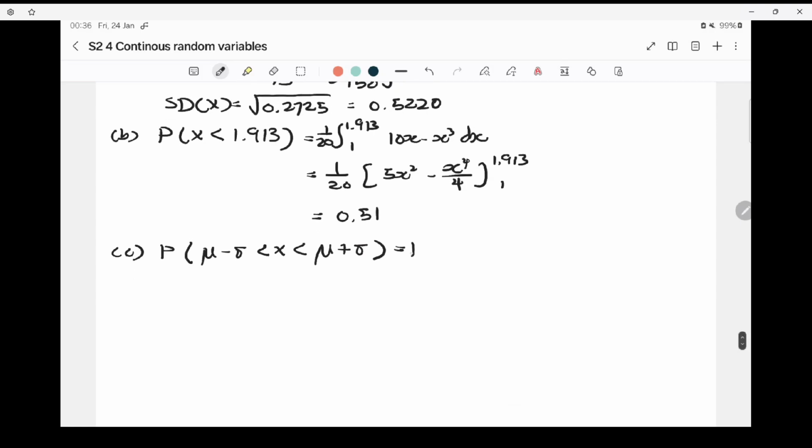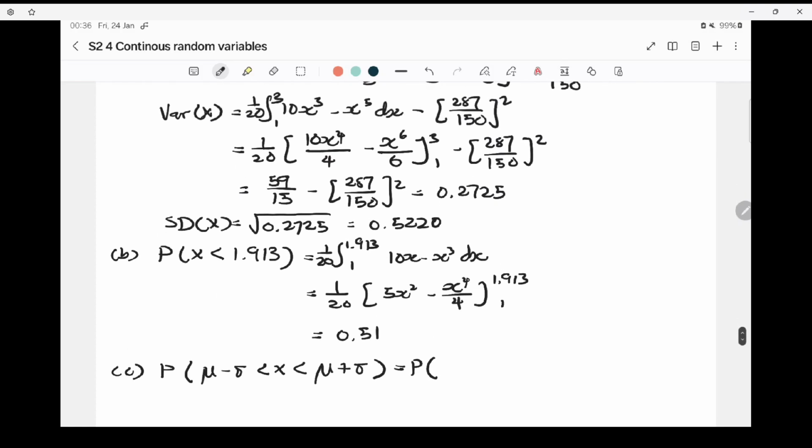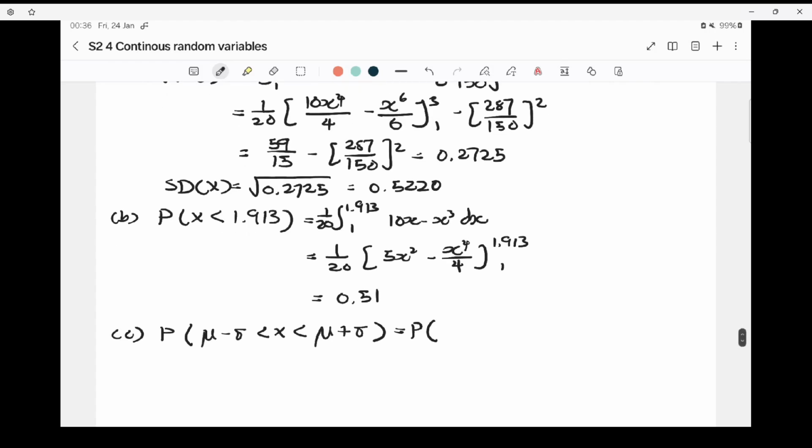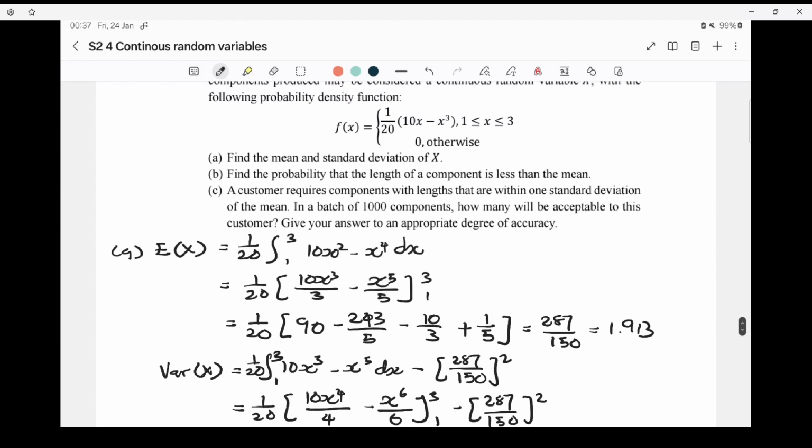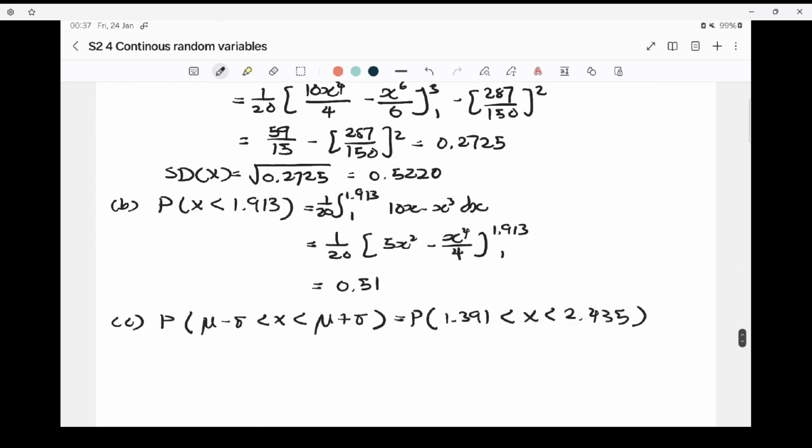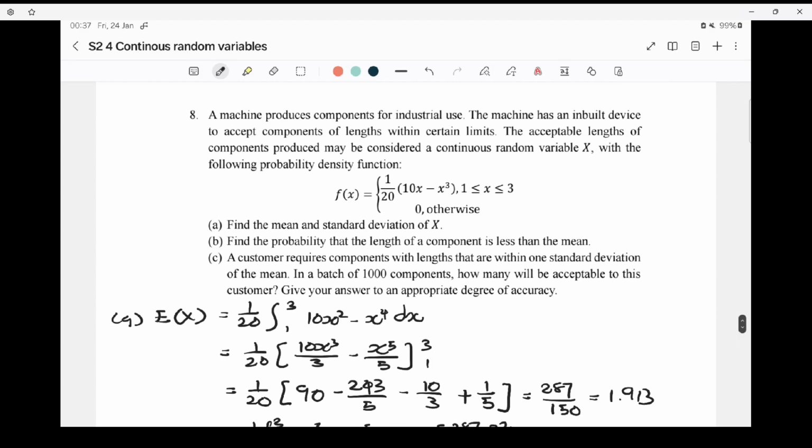So let's plug all the numbers inside. So you have 1.913 minus 0.522, which is 1.391, and then plus, so that would be 2.435. So these two values are still within 1 to 3.